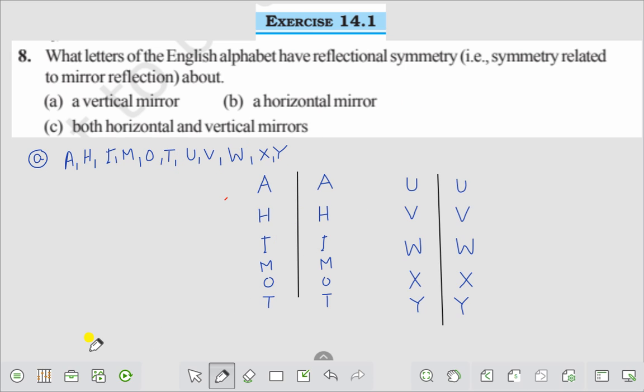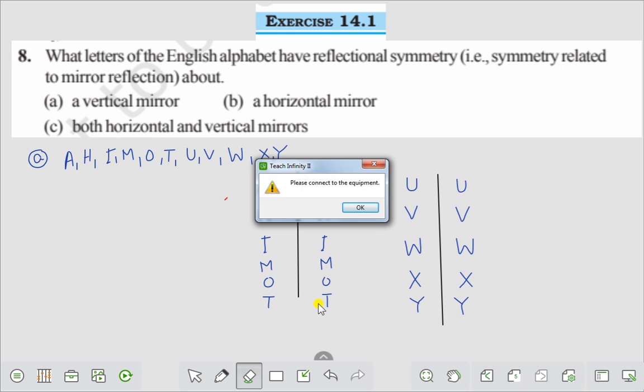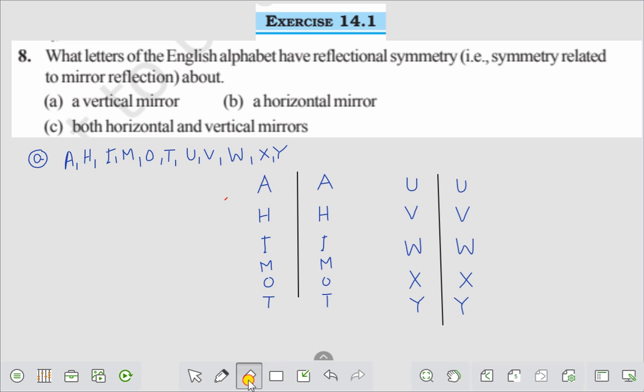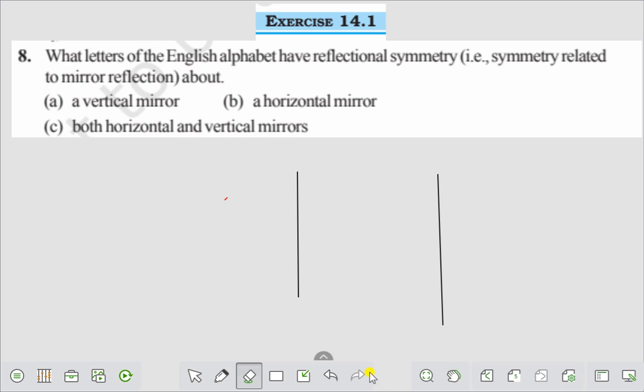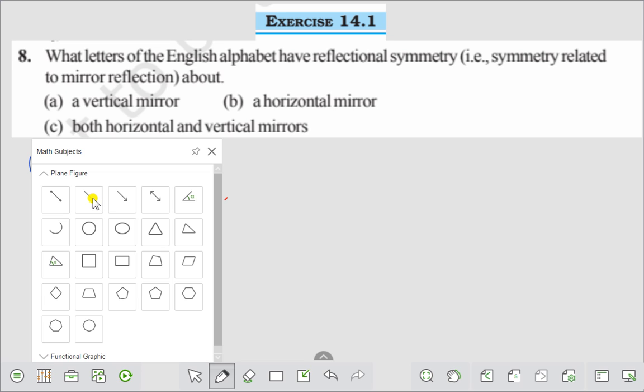If I take horizontal mirror, then what are the letters we get? Now question number B. If we take a horizontal mirror, suppose we take a mirror here, in this direction.